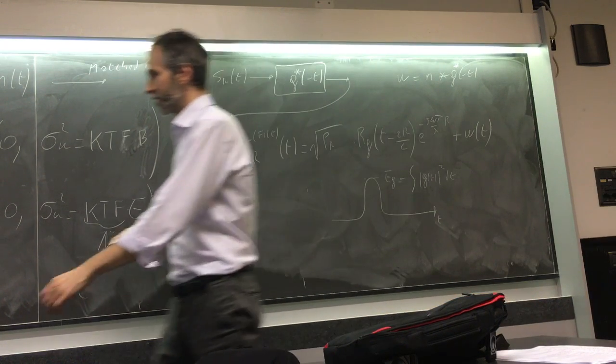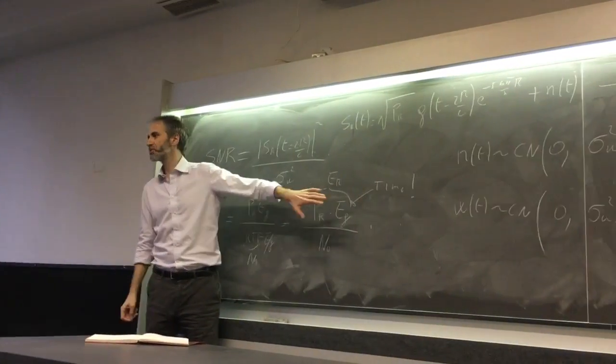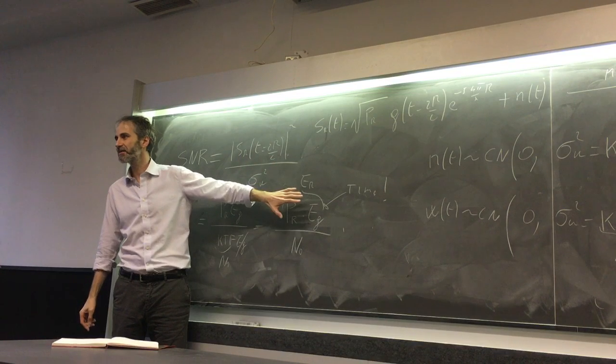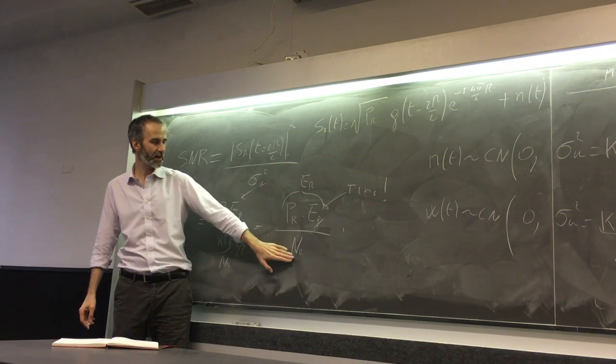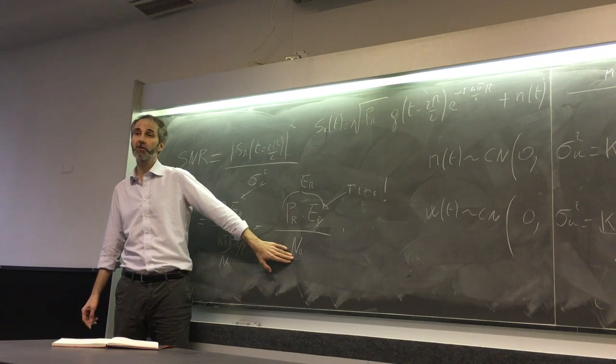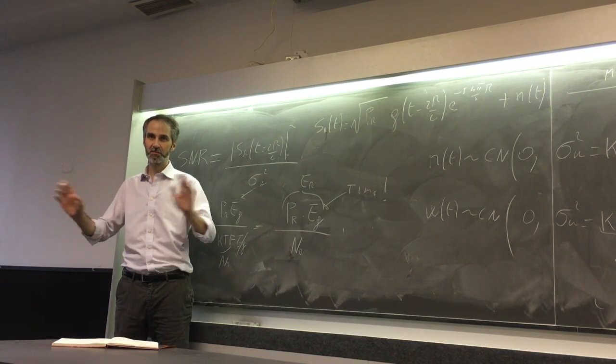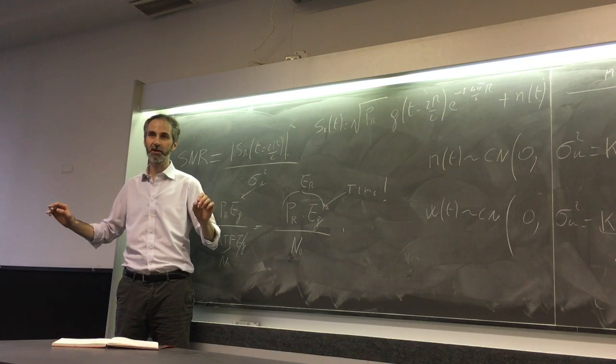And since this is a time, this is the received energy. So this is the energy that you are collecting from a target divided by the spectral density of a noise. This is standard communication theory.